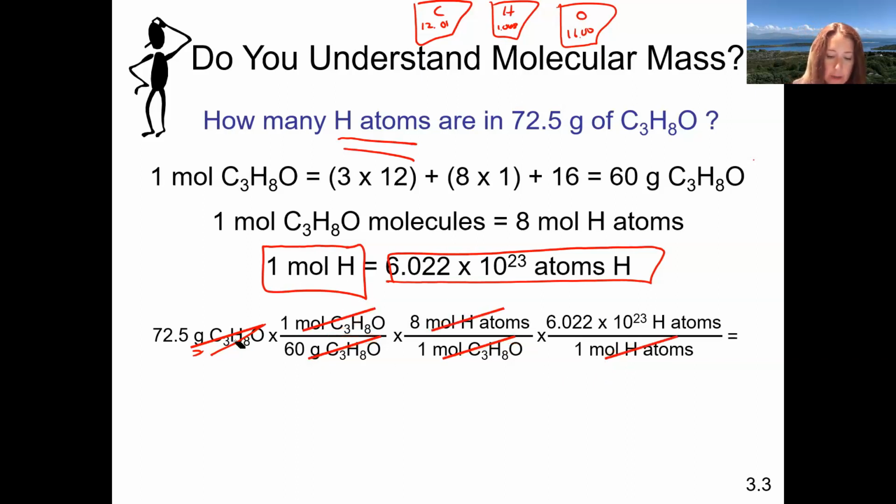This is why I'm so crazy about your units. It's very difficult to get this question right if you have no units. Maybe you could do it, but you wouldn't be able to do it twice. When you put this in your calculator, you should get 5.82 times 10 to the 24th atoms.